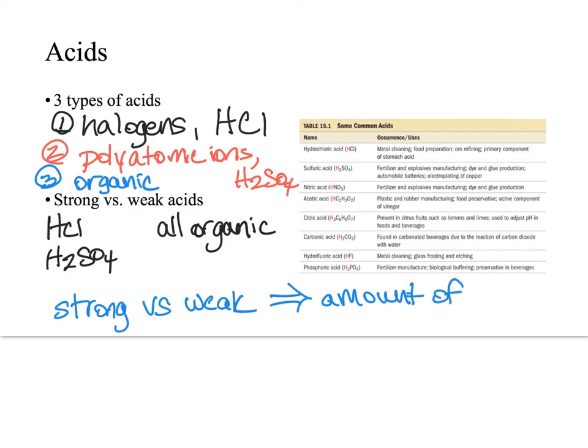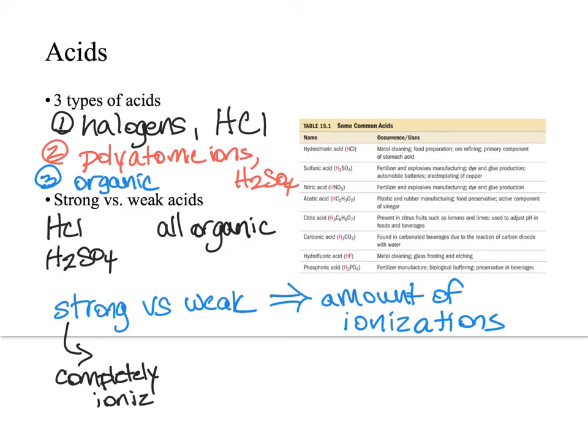In other words, how complete the reaction is. So a strong acid will completely ionize. There is no equilibrium. And a weak acid will exist in some sort of equilibrium. What that equilibrium looks like really just depends on the acid.